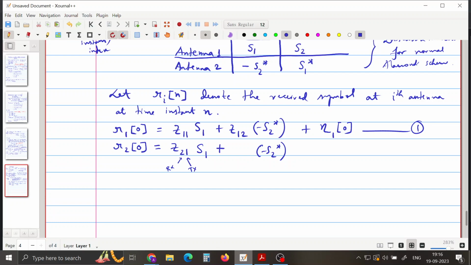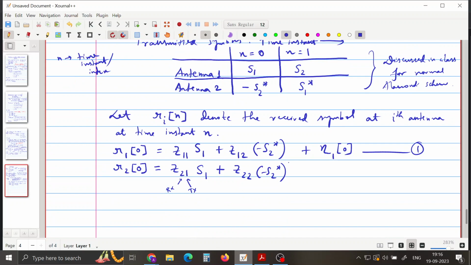Plus now this component is from the second transmitting antenna to the second receiving antenna, so this is Z22, and again I can use eta 2 of 0. This is another equation, and similarly I will find R1 at time instant 1.